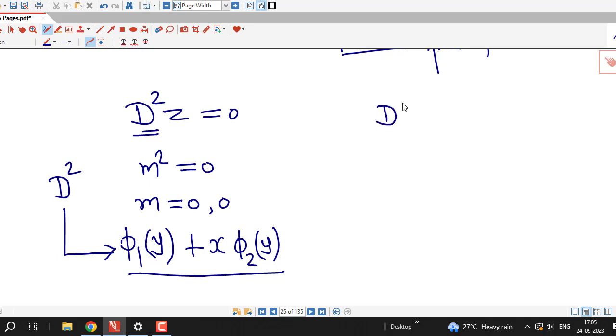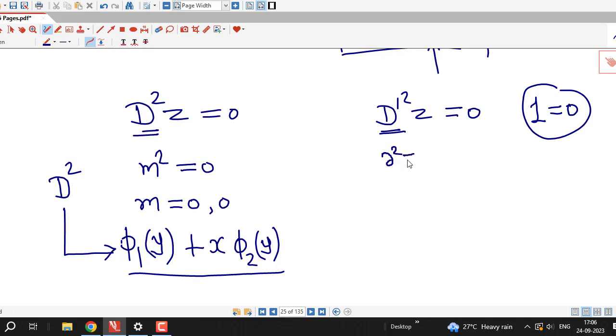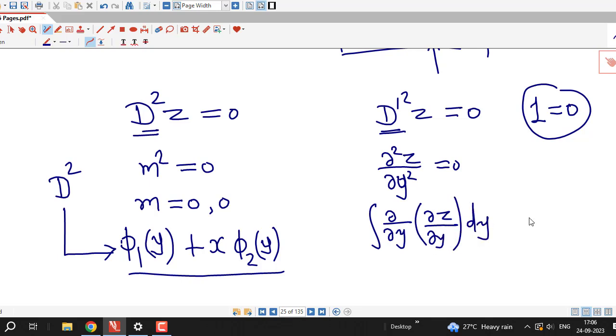But if I have D' square z equal to 0, then here I cannot write down the auxiliary equation by replacing D' by 1. So in that case I will again apply the method of integration. This I can rewrite as del square z by del y square equal to 0, and now I can rewrite this as del by del y of del z by del y, and I again integrate both sides with respect to y, and I consider x as constant.